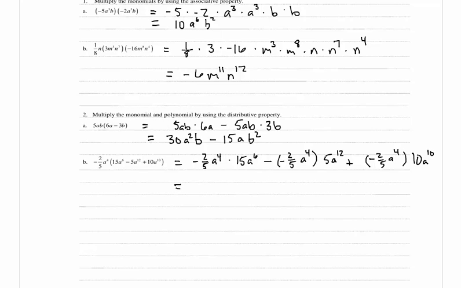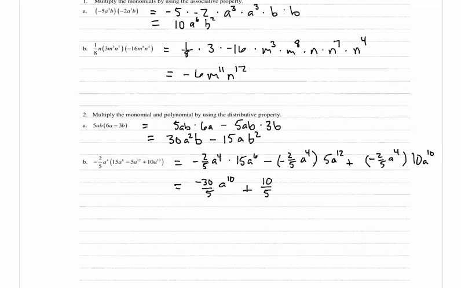And this is equal to negative 2/5 times 15 is negative 30 over 5. And then we have a to the 4th times a to the 6th is a to the 10th. In our second term, we have a negative and a negative. That's going to make it a positive. And we have 2/5 times 5 is going to be 10 over 5.